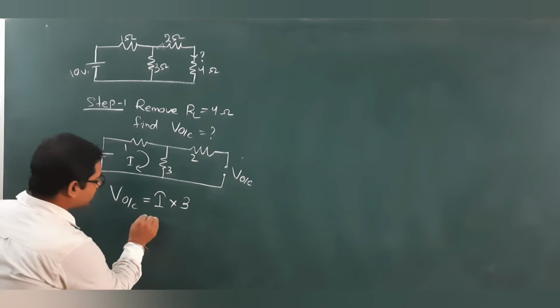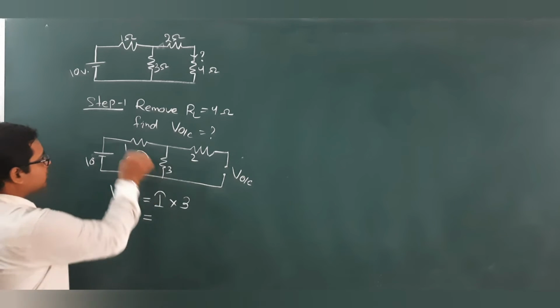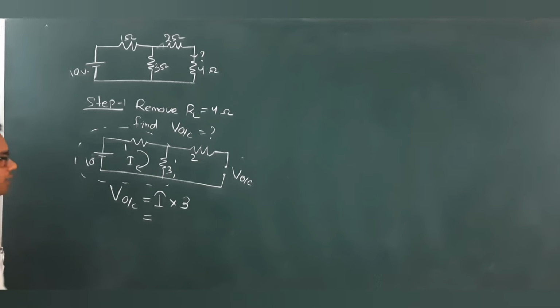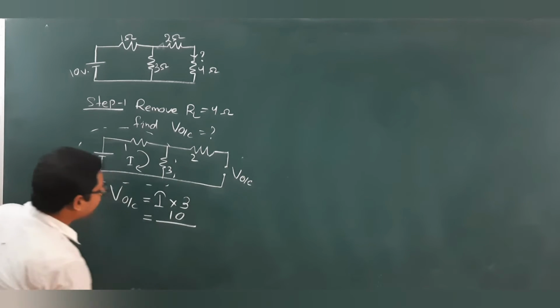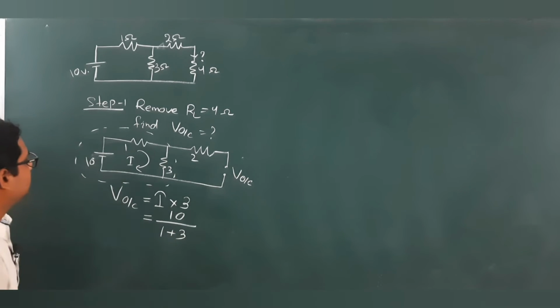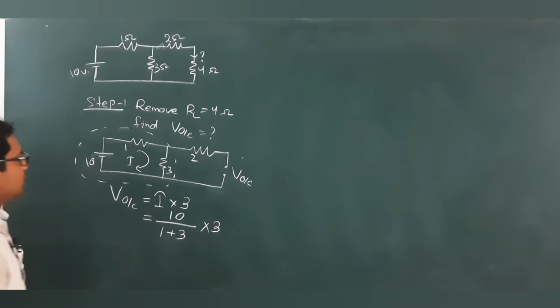Your I value will be voltage upon resistance for this loop. So voltage is 10 volt upon the resistance, 1 plus 3, multiplied with 3.